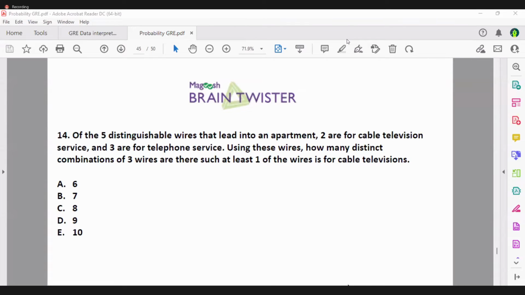So, Venkatesh, right? Yes, sir. So you want at least one cable wire. So it can be 1 or it can be 2. So for the first, it will be 2C1 into 3C2, because of the telephone service.